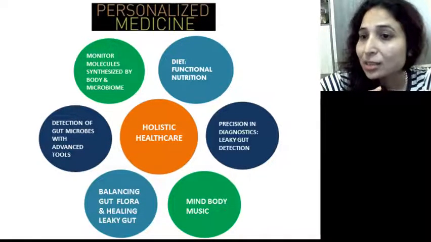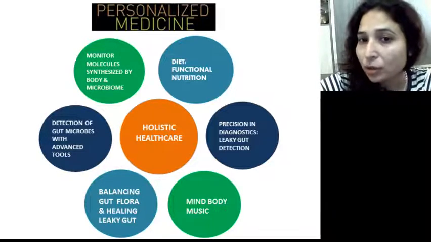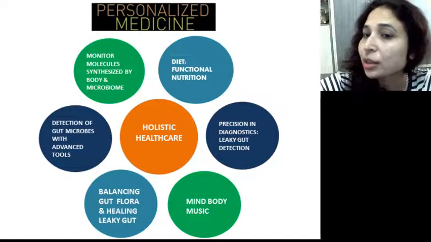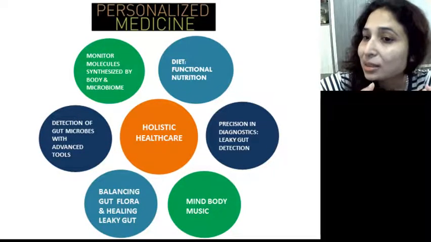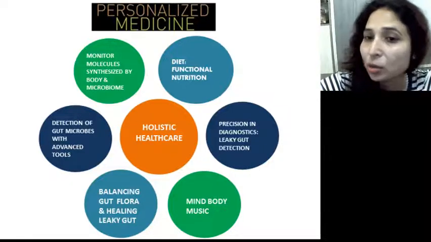So that is called holistic healthcare. This will involve so many molecules. Suppose I talk about the microbiome, then I have to monitor the biomolecules that are synthesized by these microbiomes and the role of these biomolecules in our metabolism.